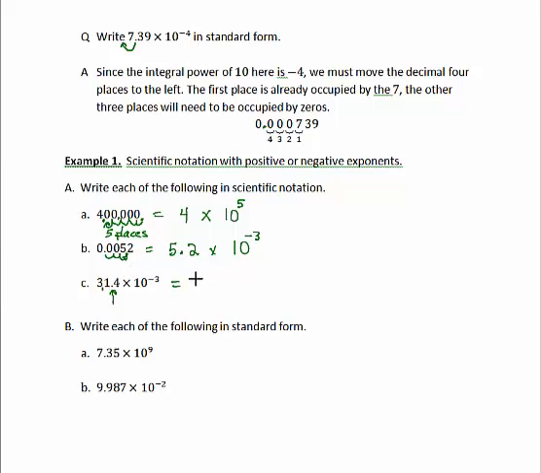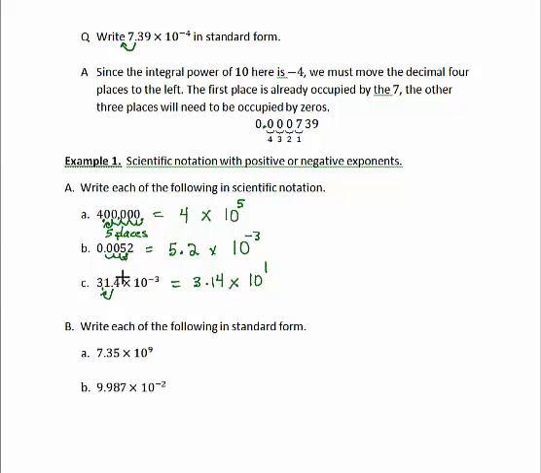So we write 3.14. To get that decimal point there, we have to move it 1 place to the left, and so we say times 10 to the 1.